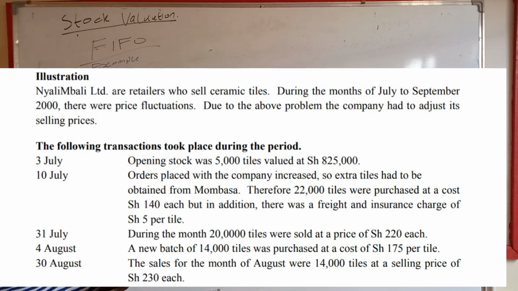4th August, a new batch of 14,000 tiles were purchased at a cost of shillings 175 per tile. On 30th August, the sales of the month of August were 14,000 tiles at a selling price of shillings 230 each.